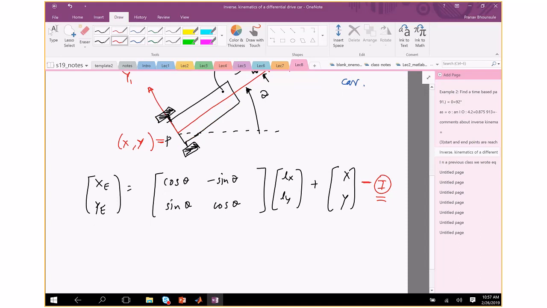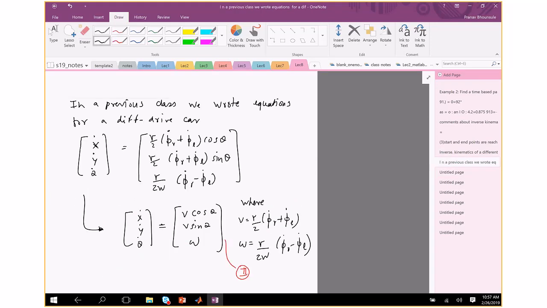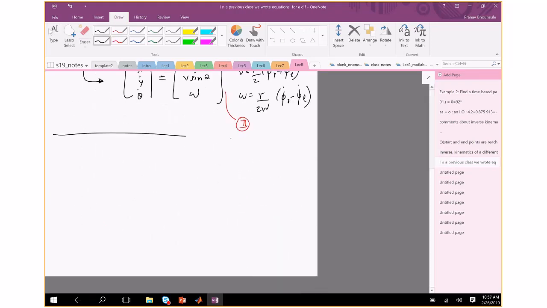You can get x dot e, y dot e, and that's only because we have access to x dot, y dot. We already have an expression for x dot, y dot.